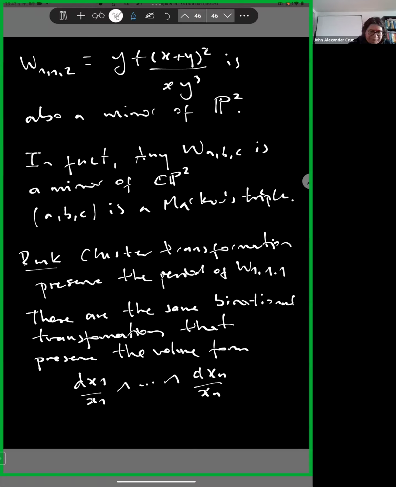The Cremona group, the group of birational transformations of P2, is relatively well understood, and in particular the birational transformations that preserve the volume form are well understood too.